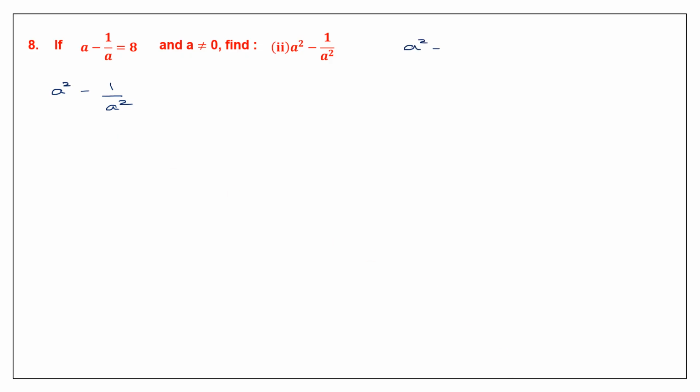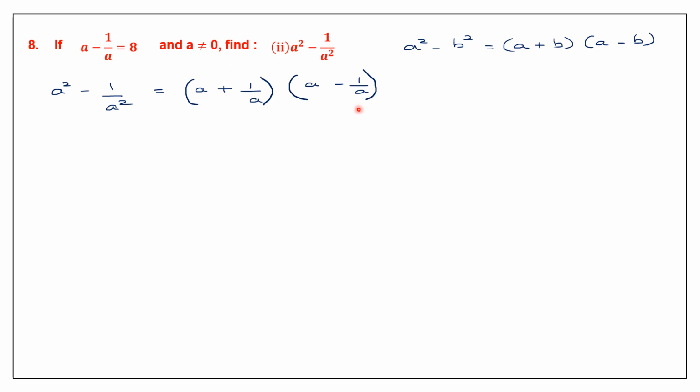A square minus b square, the expansion will be a plus b into a minus b. So let's apply this. So this will be a plus b. So a is the same, plus b will be 1 by a, into a minus b. So that is a minus 1 by a.